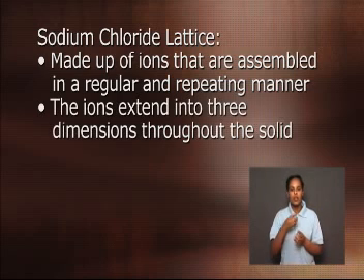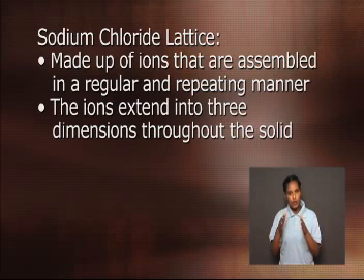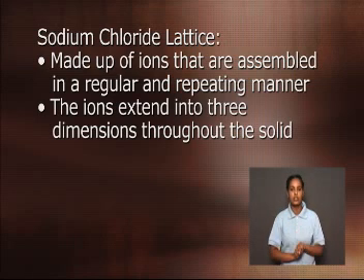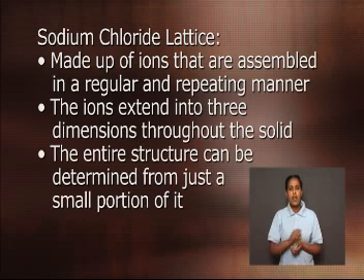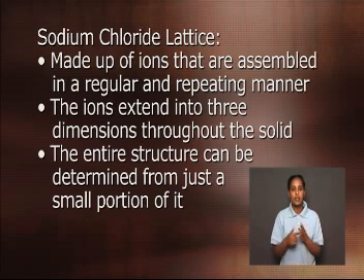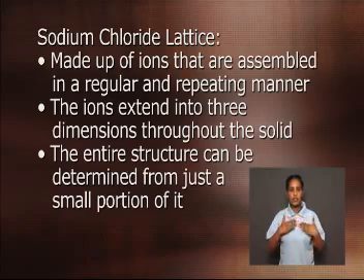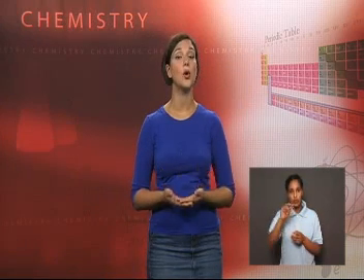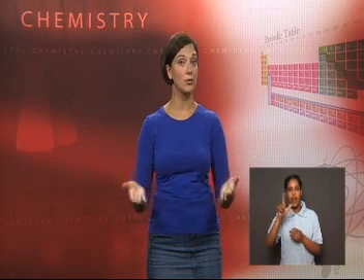They also extend into 3 dimensions throughout the solid. Every tiny portion of the sodium chloride lattice looks identical. Therefore, the entire structure can be determined from just a small portion of it. All of these features show that the sodium chloride lattice is a crystal.